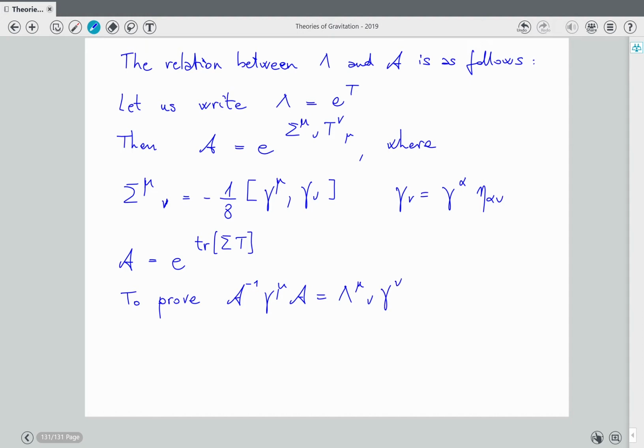To prove this, we need a formula that is famous, so I think you will see it in other cases. We will not make the proof to the end, but just describe how it works. We need the Campbell-Baker-Hausdorff formula.